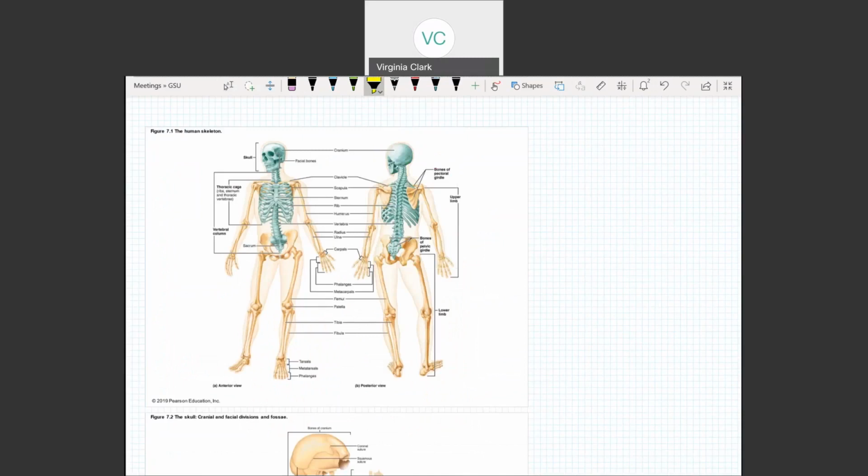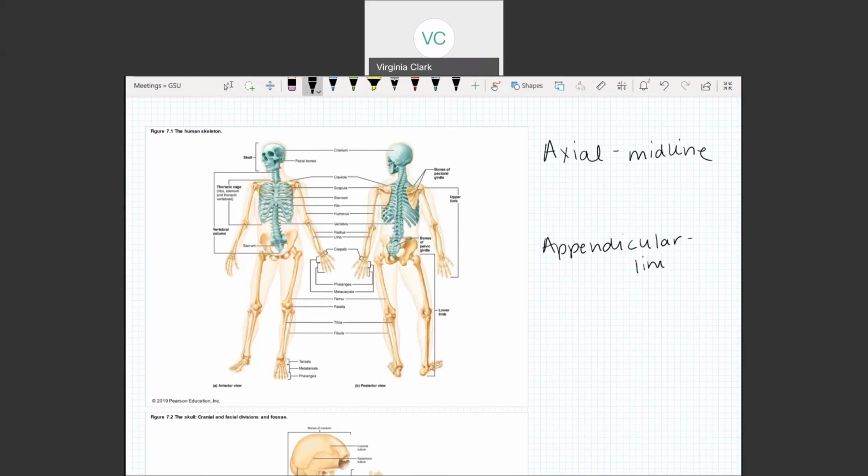When we're talking about the axial skeleton, it is going to be everything that is on the midline, whereas the appendicular is going to be all of the limbs and how they attach.